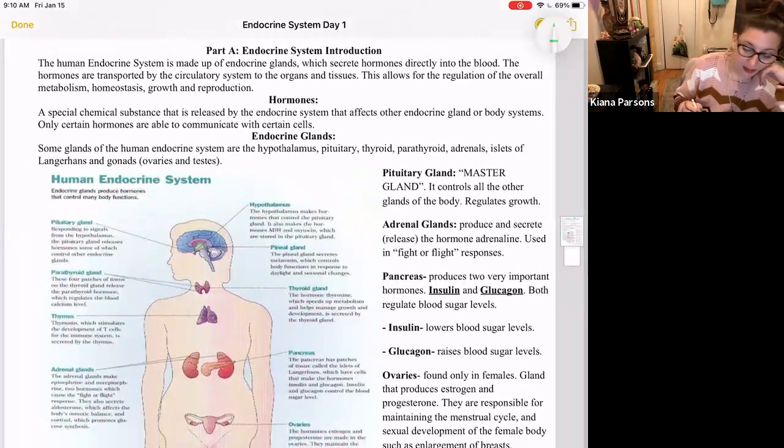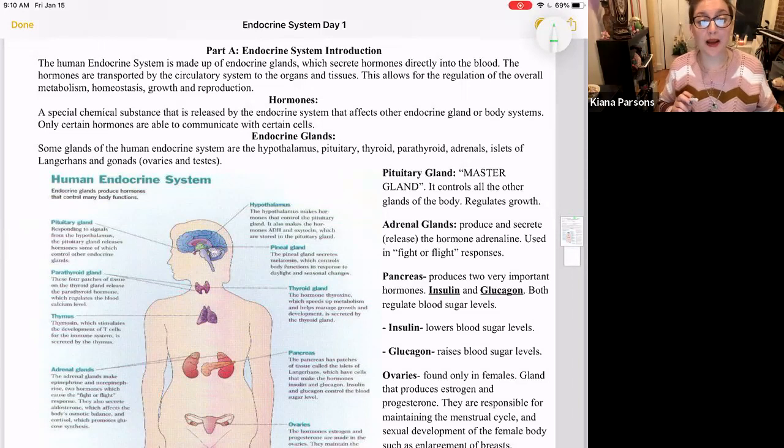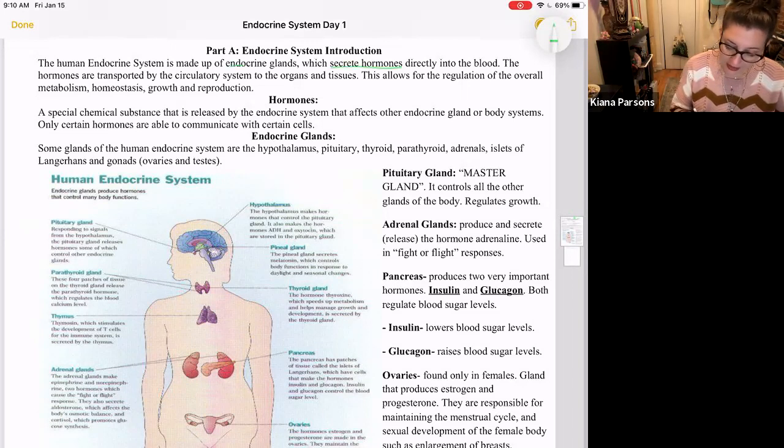The human endocrine system is made up of endocrine glands, which secrete hormones directly into the blood. The hormones are transported by the circulatory system to the organs and tissues. So we can see here, hormones are secreted by these endocrine glands, right? So they are chemicals that are produced inside of glands in the endocrine system.